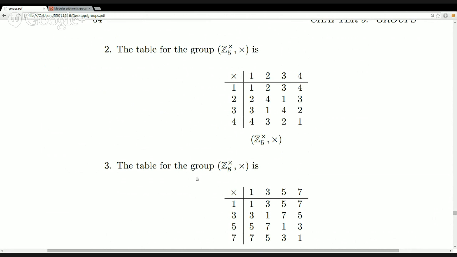Why do I keep switching my colors here? Z7, now we're looking at the multiplication. Now 7 is prime, so we've got all the numbers 1, 2, 3, 4, 5, 6, all the possible remainders that are left after division by 7, except for the remainder 0.